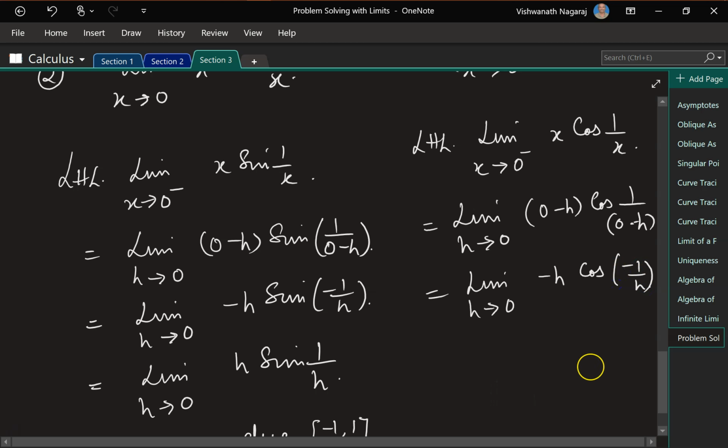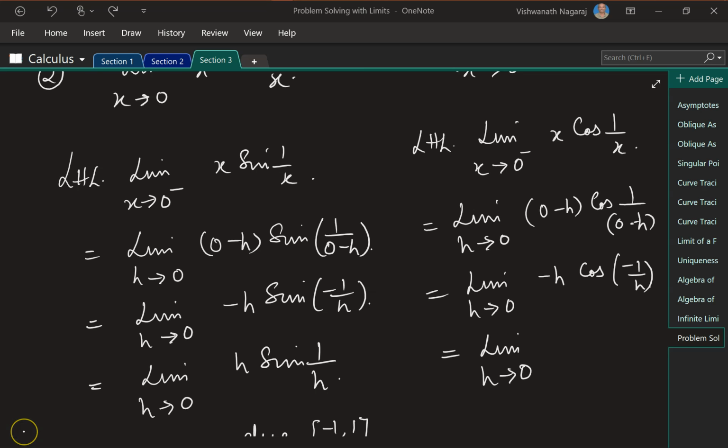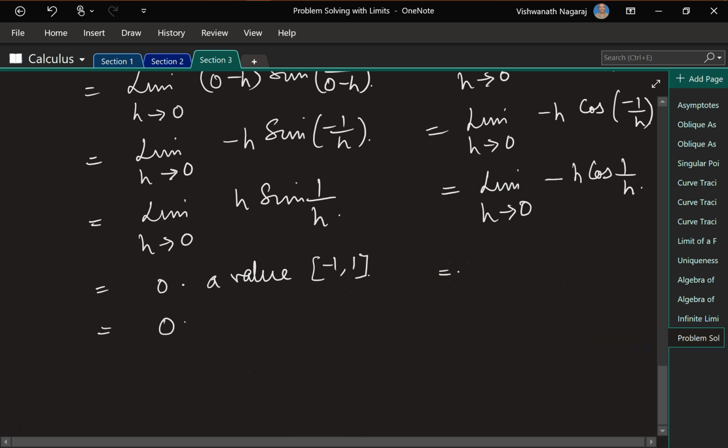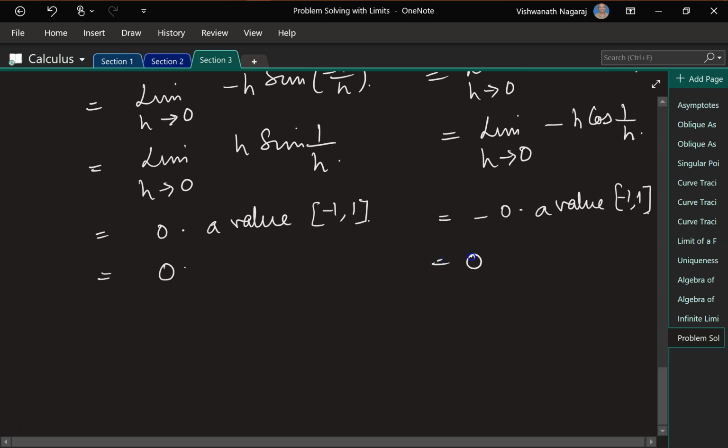Now cos minus theta is equal to cos theta. So as h approaches 0, this remains negative, minus h cos 1 by h. And when we take the limit, we get 0 minus 0 times a value between minus 1 and 1, which is equal to 0.